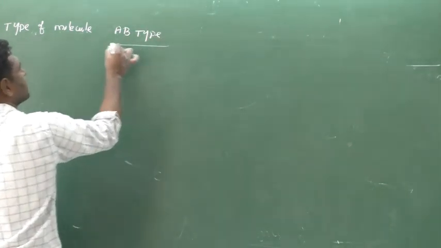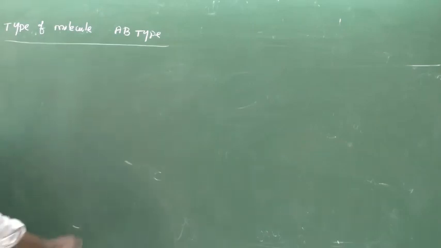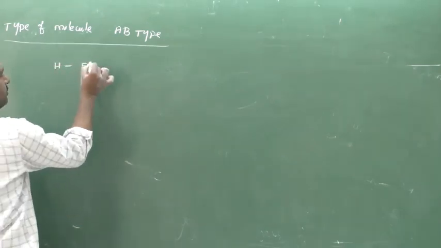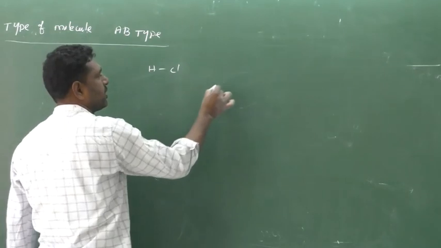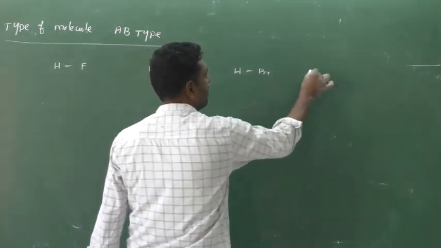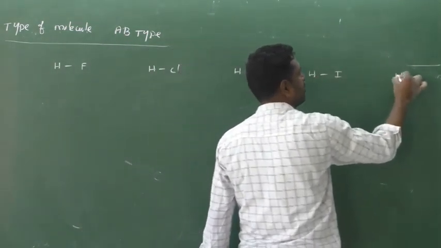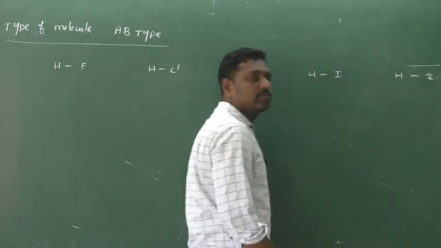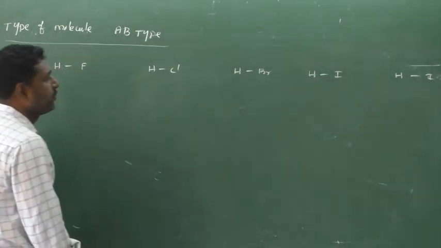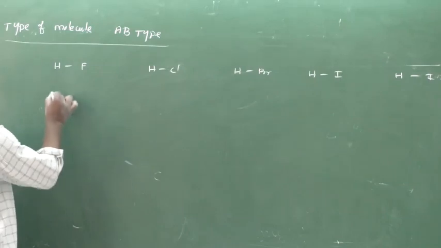For AB type, I will take examples HF, HCl, HBr, HI, H2. The shape of all these molecules is linear.